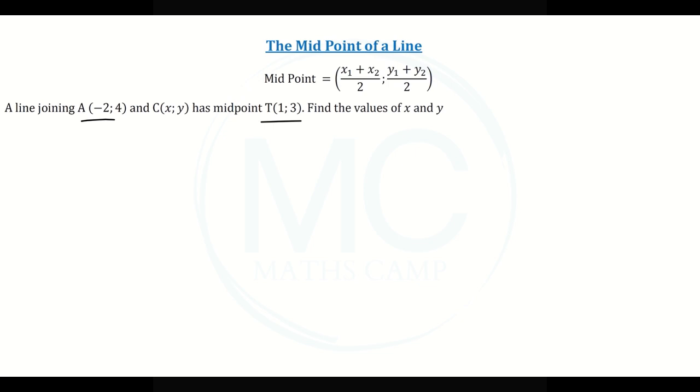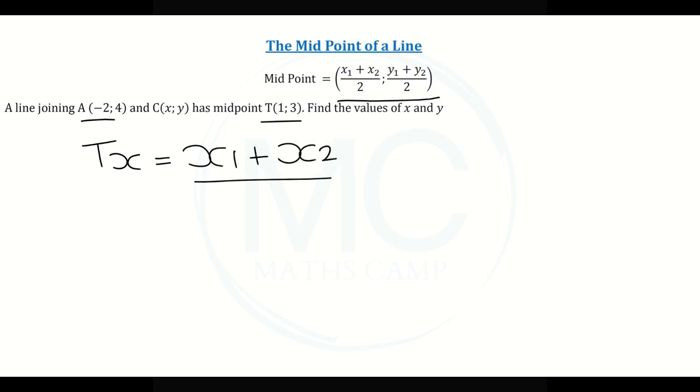Let's start with the x-coordinate of C. Now, from the formula up here, we can see that the x-coordinate of the midpoint is equal to the x-coordinate of our first point plus the x-coordinate of our second point divided by 2. So in this case, we can say the x-coordinate of T, let's call it Tx, is equal to the x-coordinate of our first point plus the x-coordinate of our second point all over 2.